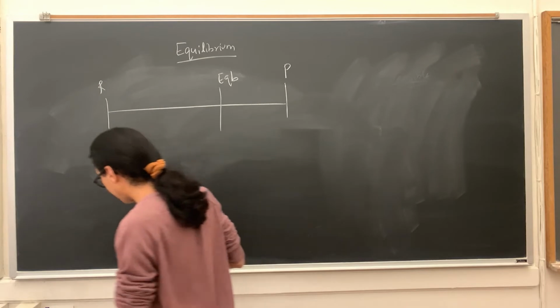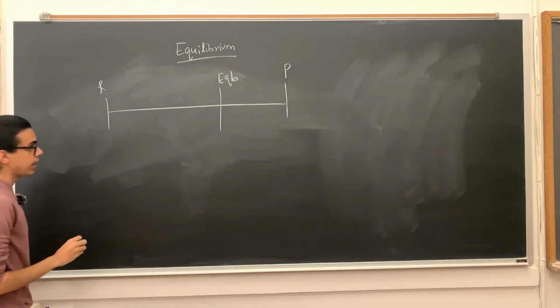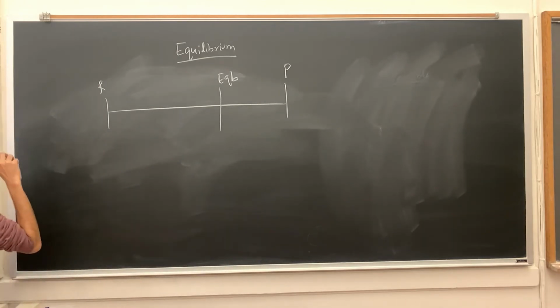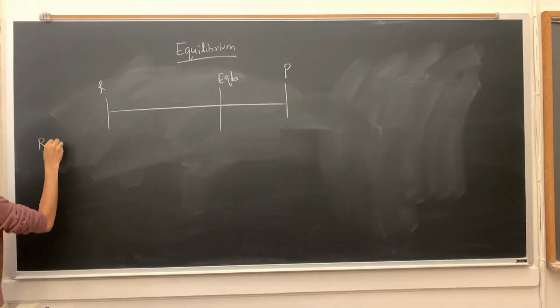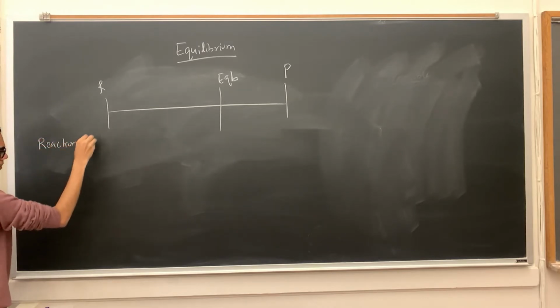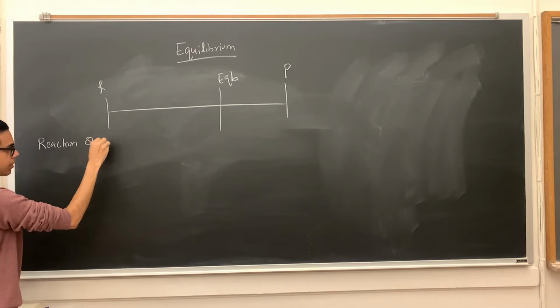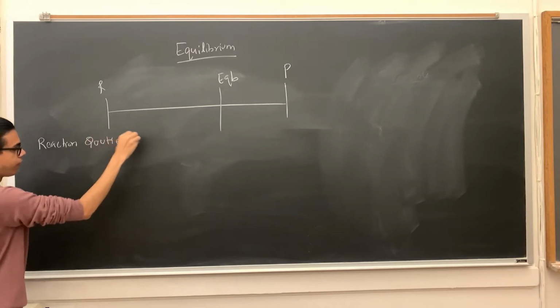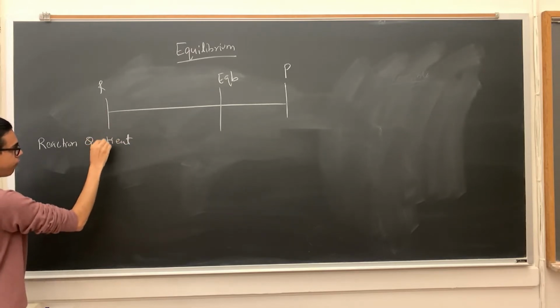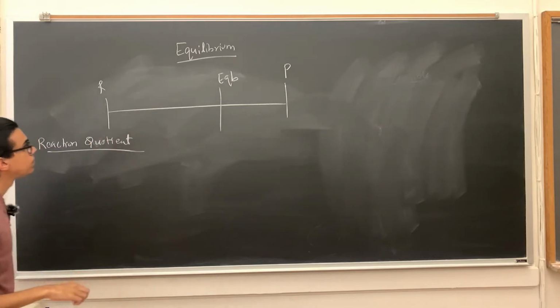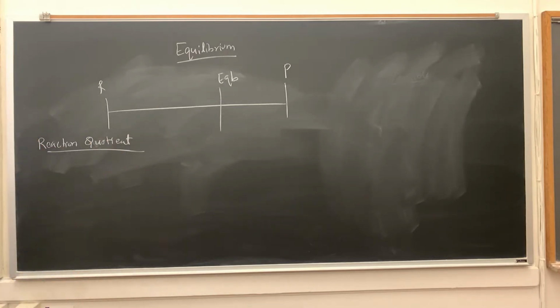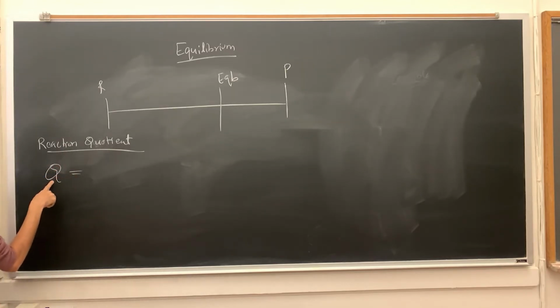You put a number by calculating this expression. This is called the reaction quotient. It simply tells you where you lie on that spectrum. Okay? And the reaction quotient, denoted by Q, is expressed as follows.